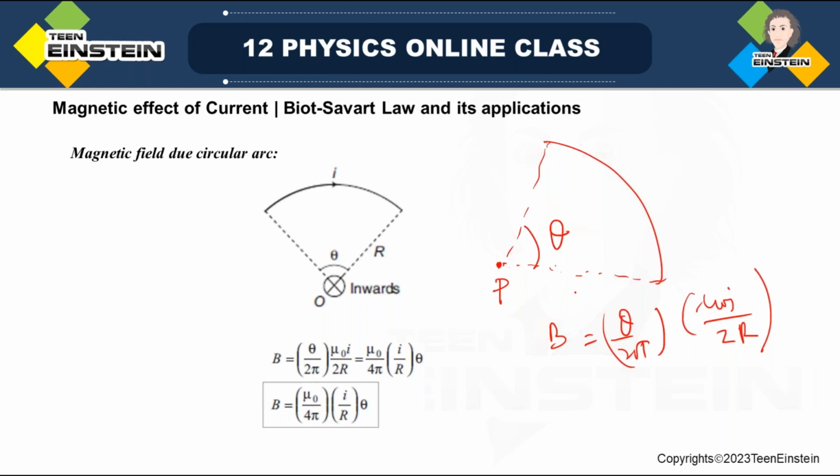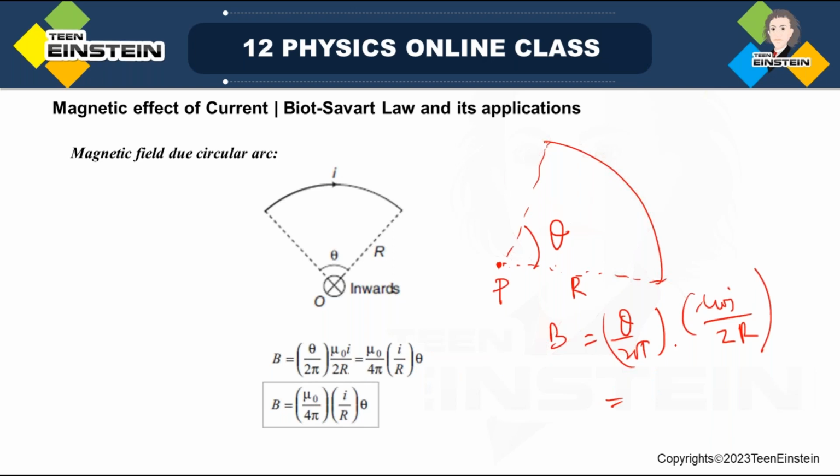What is this r? r is the radius of the arc, the radius of curvature. So theta by 2 pi times mu 0 I by 2r gives mu 0 by 4 pi, I by r, into theta.